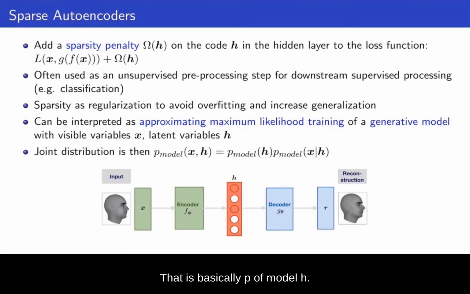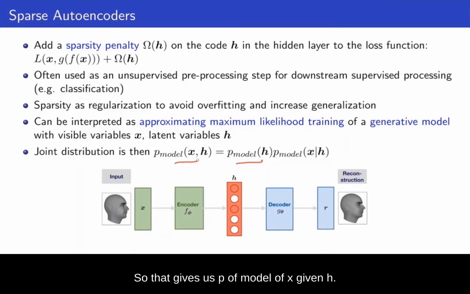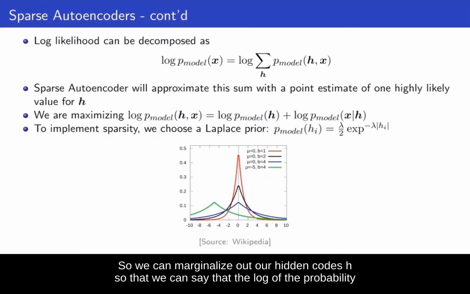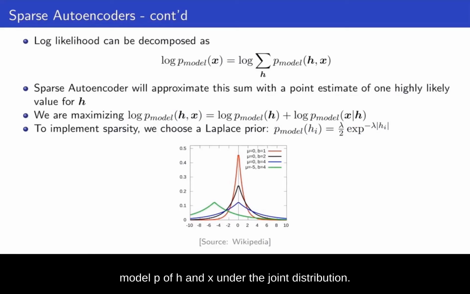That is basically P model of H, times the likelihood of our inputs under H. So that gives us P model of X given H. So we can marginalize out our hidden codes H so that we can say that the log of the probability of data under a model is just the log of the sum over all the values H can take on of P model of H and X under the joint distribution.